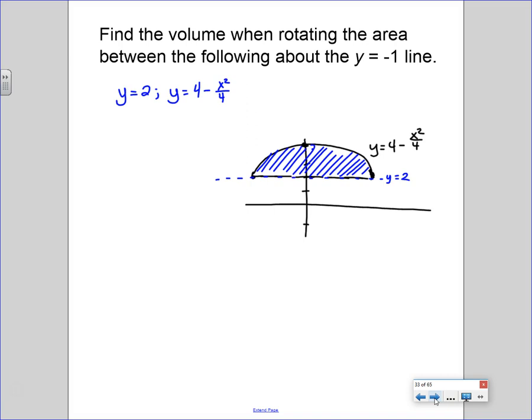Square root of. Yeah. Oh, no, you do it? You do you.